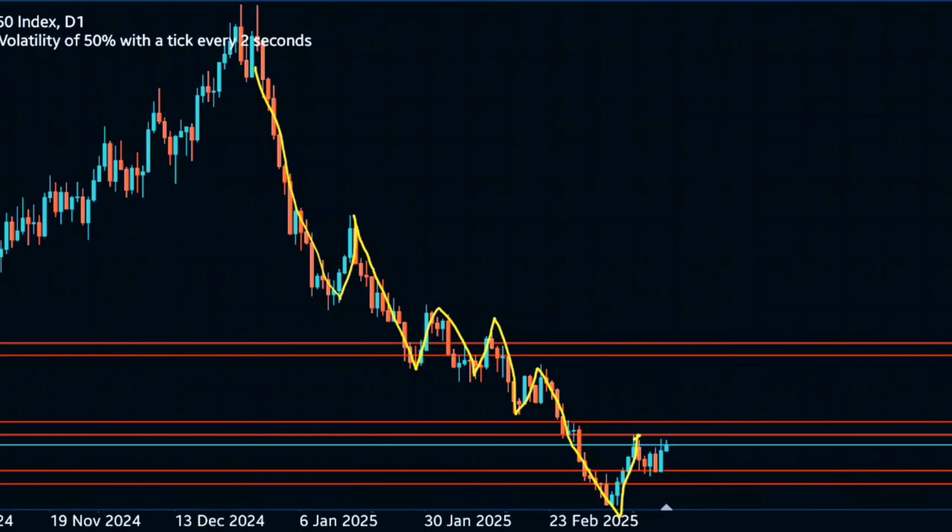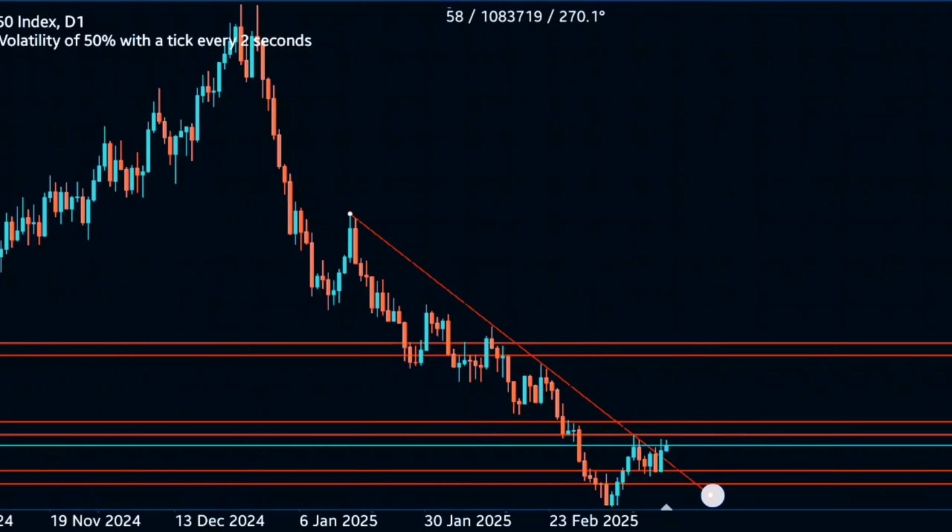I am hoping that this will be a higher low, but you can only do yours and hope that the market obeys. So let me just trend line over here. Good, nice and pretty. Remember, I always draw mine at the weekly.